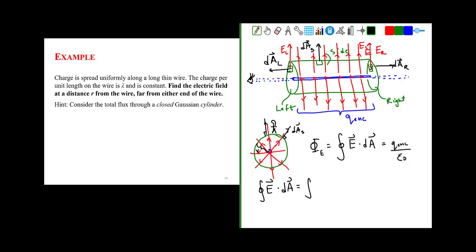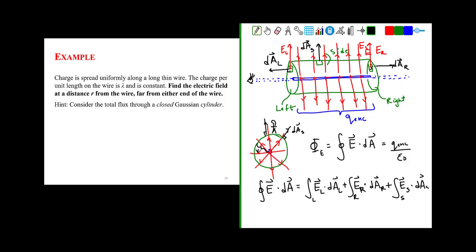Summing up over the left surface, the electric field passing through the left surface dotted with the area vector on the left surface, plus the right surface, the electric field passing through the right surface, dotted with the area vector of the right surface, plus the side, where we have the dot product between the electric field on the side with the area vector on the side.